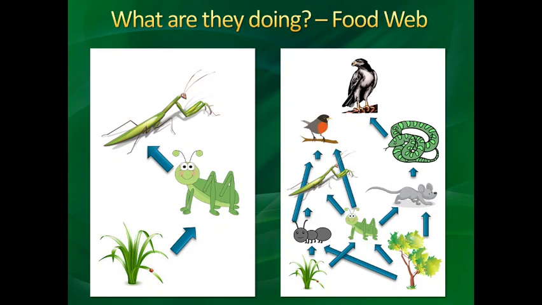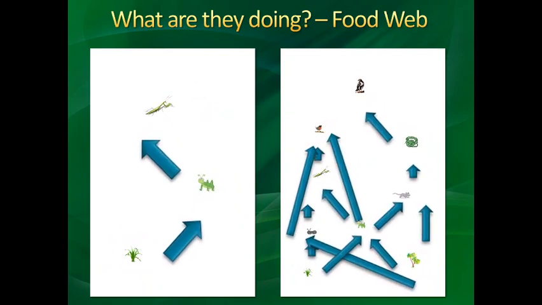So maybe what's a little bit more interesting for me is what the organisms are doing. And what we can think of is de-emphasizing what the organisms actually are, and paying more attention to these interactions, so how the food and the energy is flowing throughout the food web. You'll see this relatively commonly done in community ecology, where the specific species doesn't really matter to a lot of community ecologists.